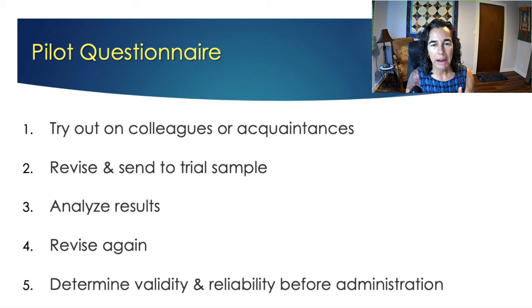Then we try it out on a trial, which is a small group that potentially would be in our study population. We analyze the results, we revise again, we determine validity and reliability before we administer, and we want to also establish face validity, like does it seem like it measures what we're trying to measure, and also content validity.